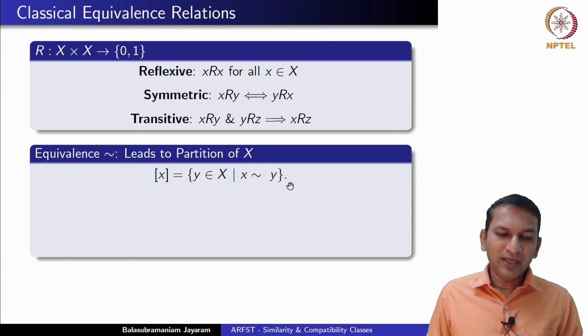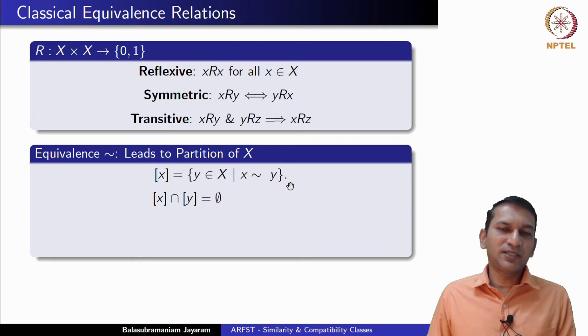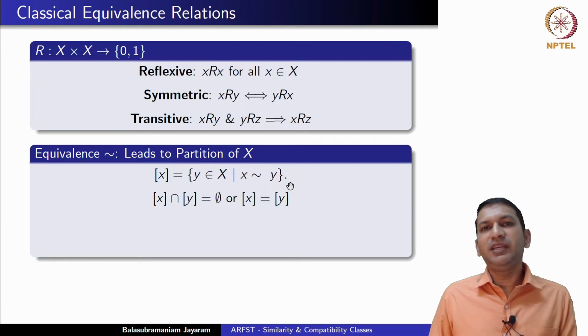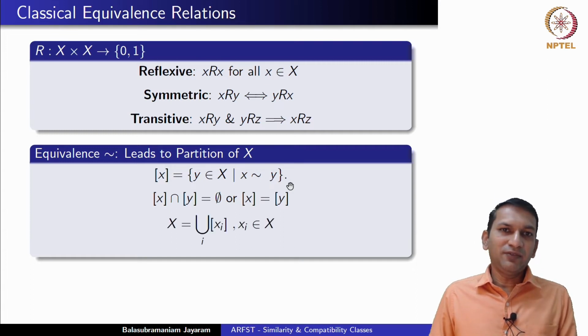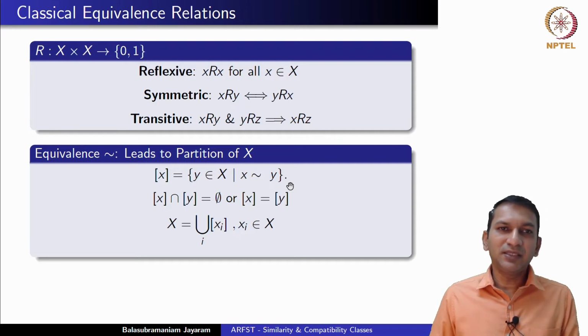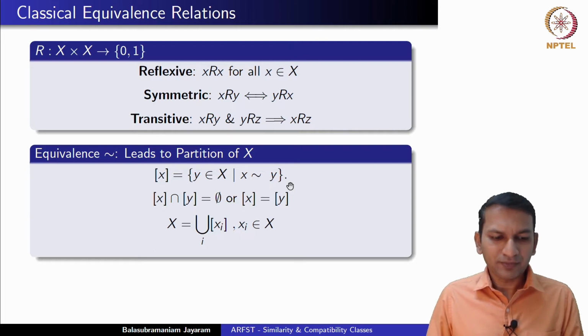If we pick two equivalence classes, either they are disjoint or they are equal. Not just this, X itself can be written as a union of these disjoint equivalence classes. That means these equivalence classes form a partition of X.